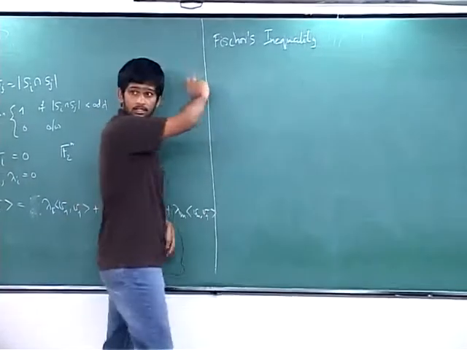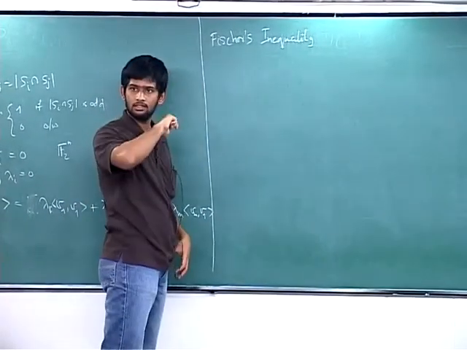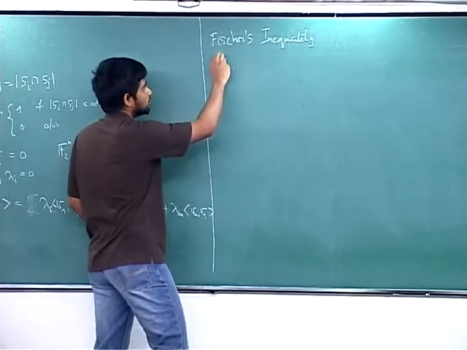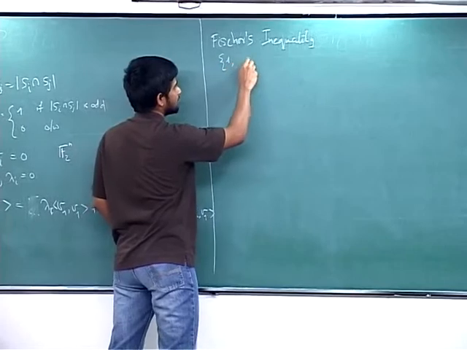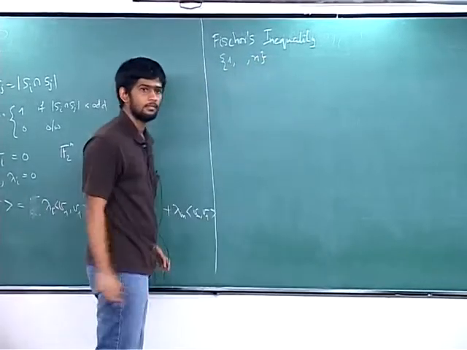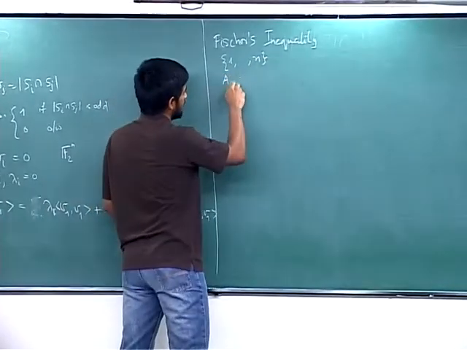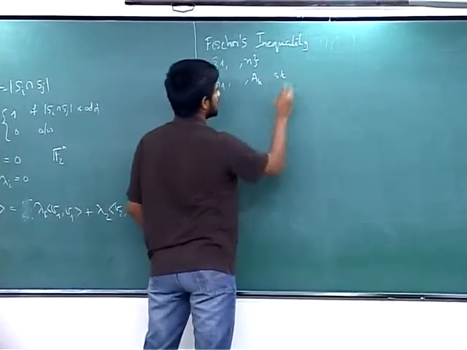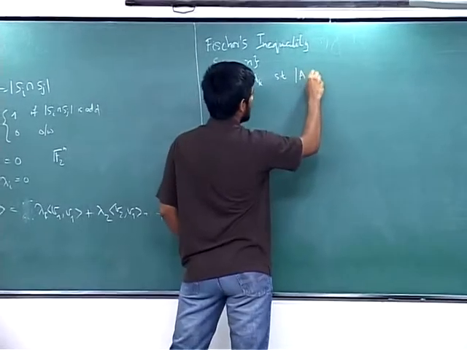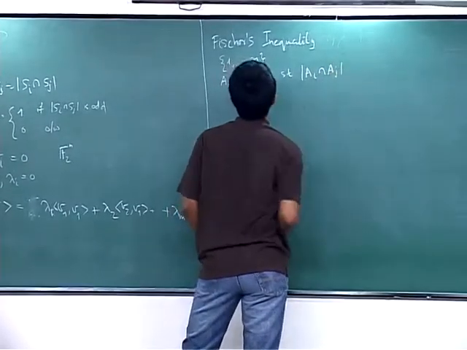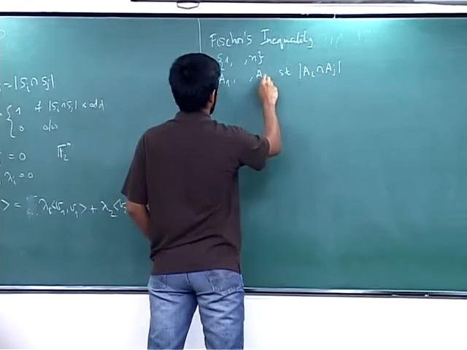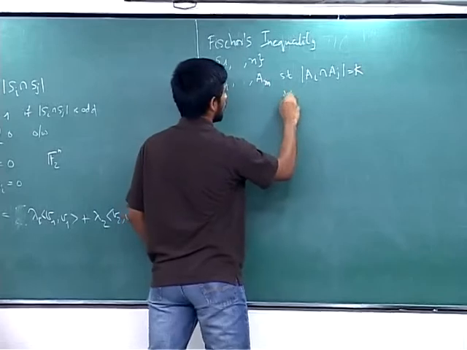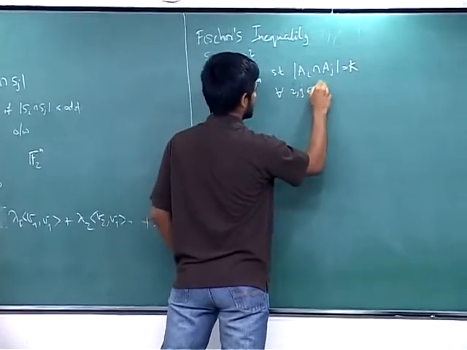So again, you have this set. Any doubts? You are looking at subsets of 1 to n, say A1 to Ak, such that Ai intersection Aj is equal to k for all i and j.